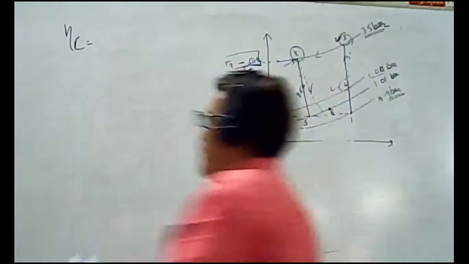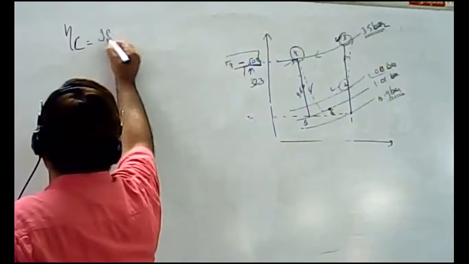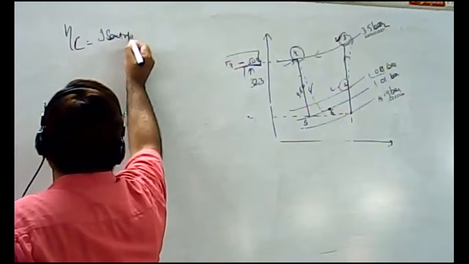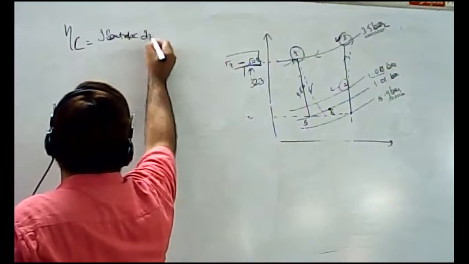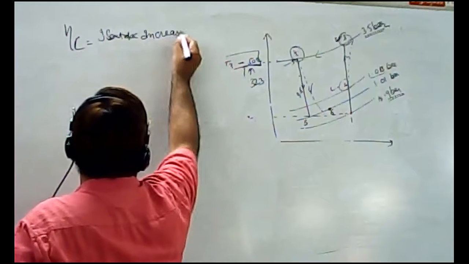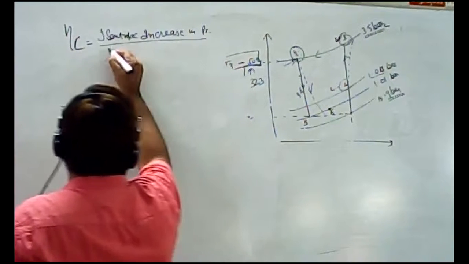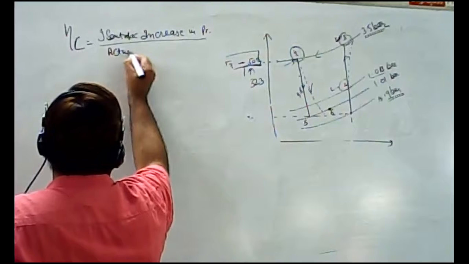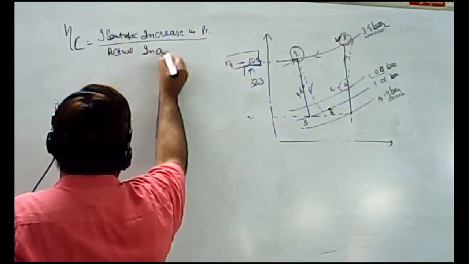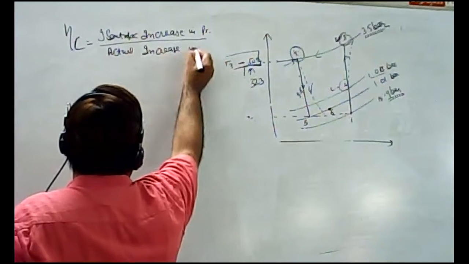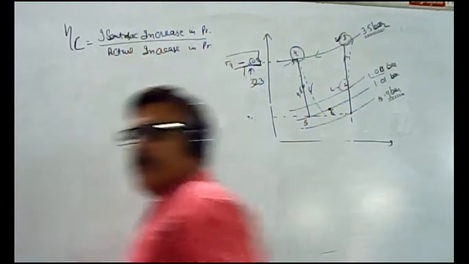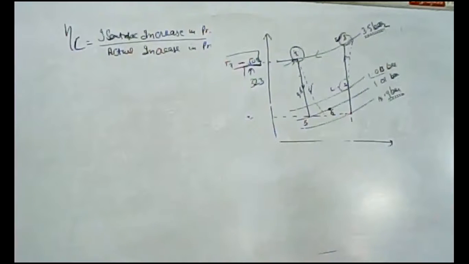Efficiency of compressor: isentropic increase in pressure divided by actual increase in pressure. So look at here. How to calculate the efficiency of compressor?